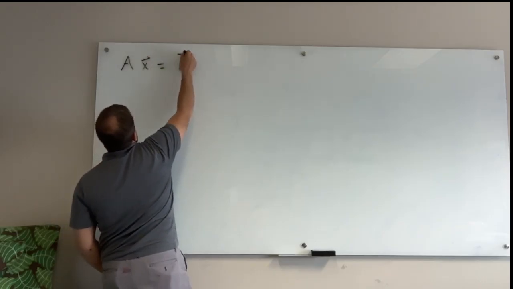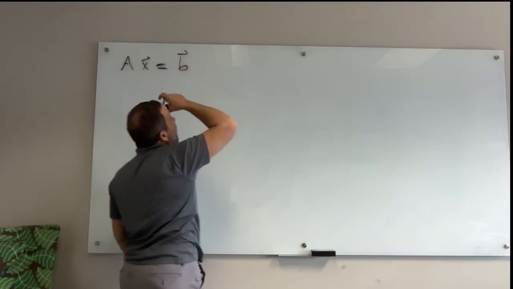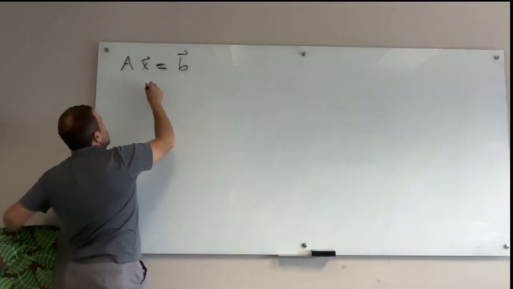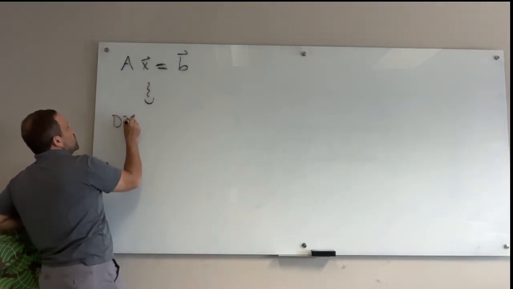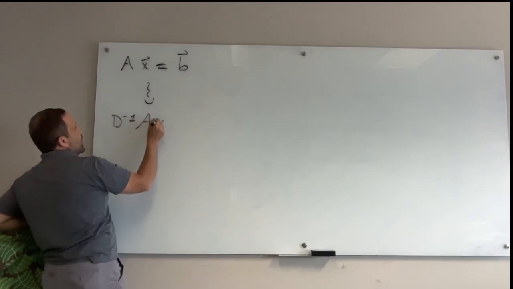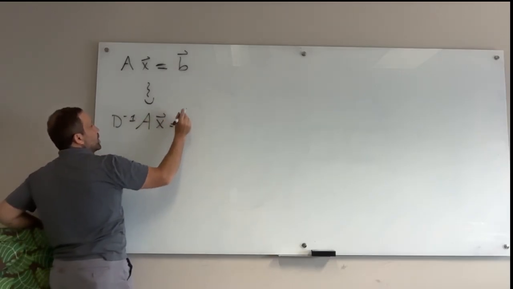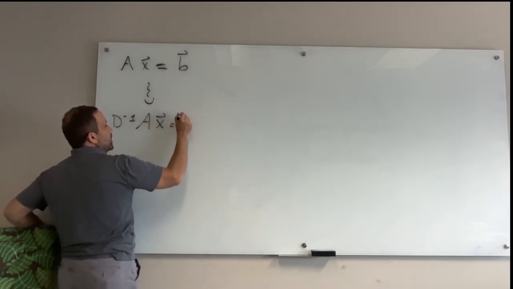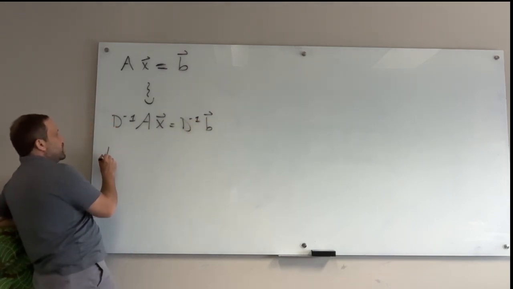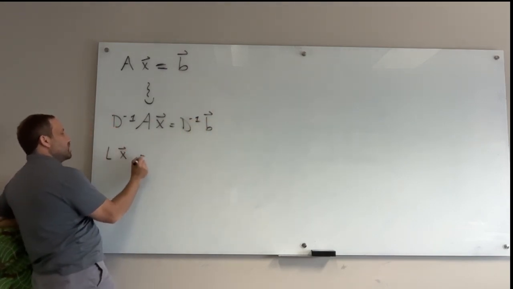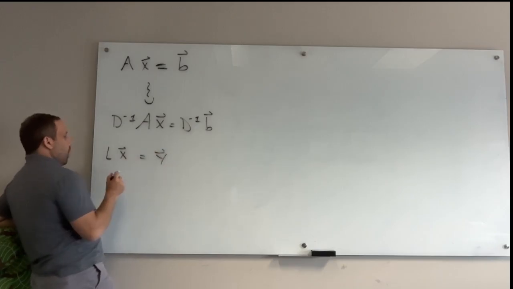Ax equals b, and then we can precondition it. In the case of the Jacobi method, we precondition it to get D inverse Ax equals D inverse b. We think about this as being in the form Lx equals y.